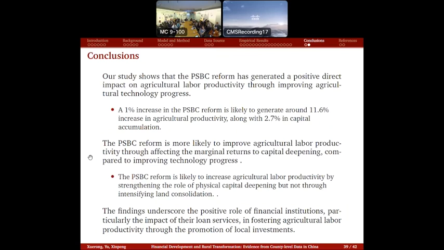And so there will be asymmetric impacts between capital deepening and land consolidation. These findings underscore the positive role of financial institutions, and it will foster agricultural labor productivity through the promotion of local investment, which will give more hints to other countries. That's all. Thanks for listening.